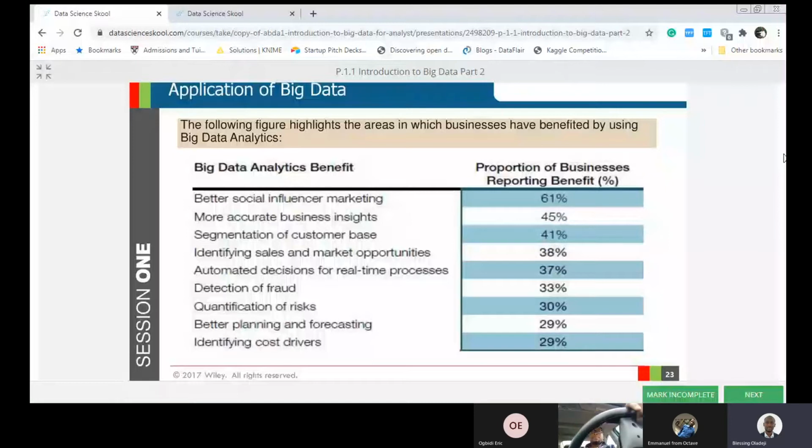Another application of big data is in customer segmentation. How that works is that a company that has a large customer base needs to segment those customers into different buckets, so that when you want to create products, you create products that resonate with customers within a particular bucket, because there is no one-size-fits-all product, especially in a B2C environment, whether you are in insurance or banking.